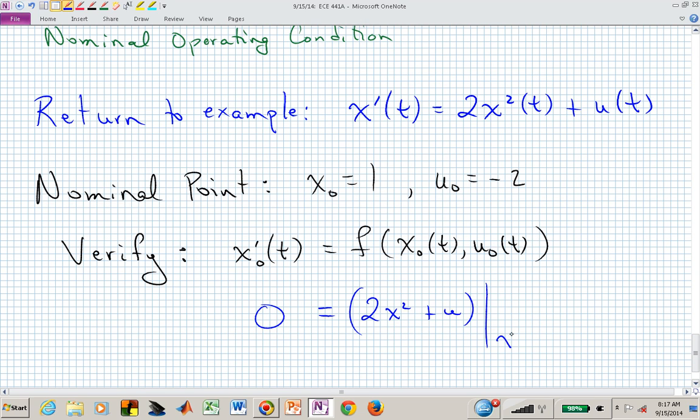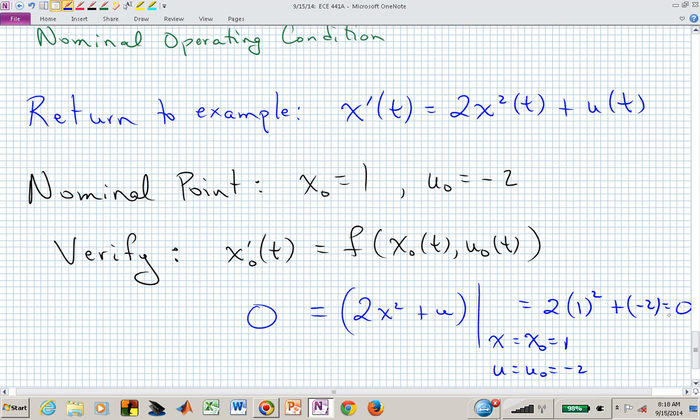If I now plug in x equal x naught, which is 1, and u equal u naught, which is minus 2, then I have 2 times 1 squared plus minus 2, or 2 minus 2, which is equal to 0, and so we have verified our nominal operating point. Our nominal operating point does satisfy the nonlinear differential equation. That's what we're after.